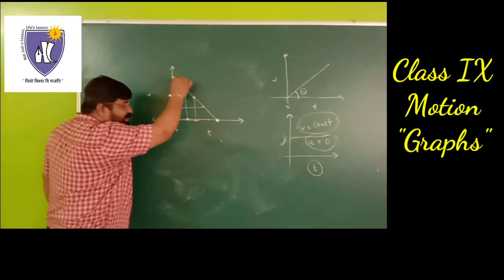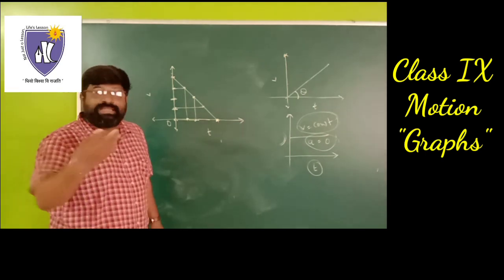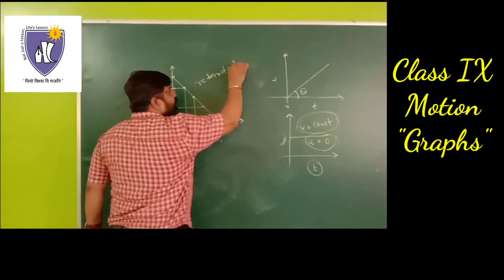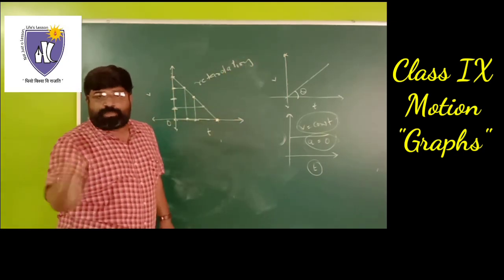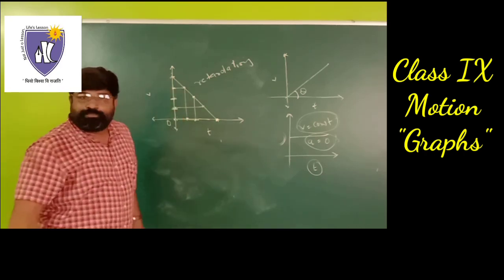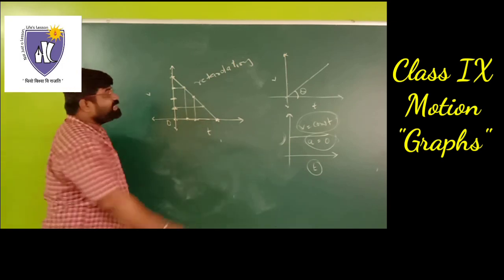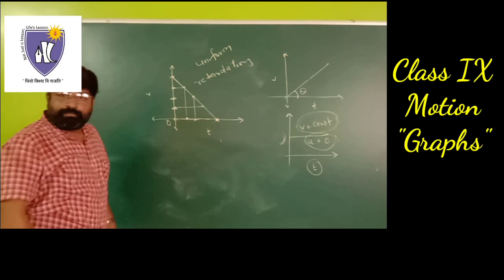That means this graph shows retardation or deceleration. The object is retarding, meaning its speed is decreasing, and finally it comes to 0. Because it is a straight line, we say that this is uniform retardation.